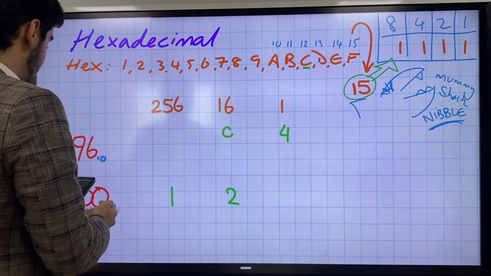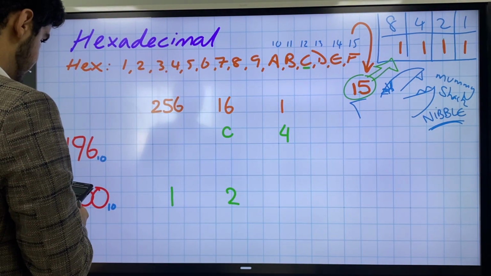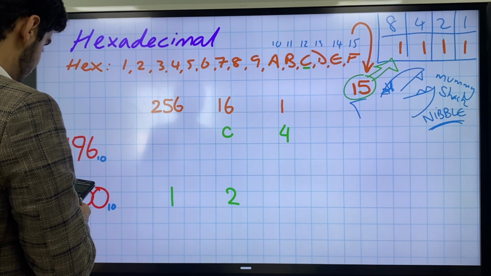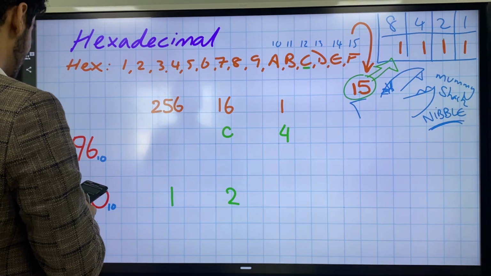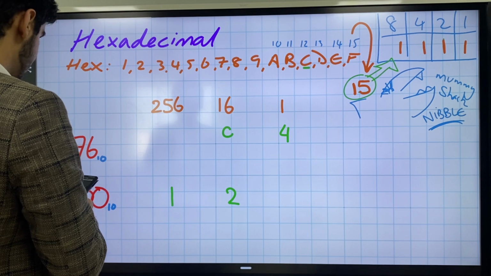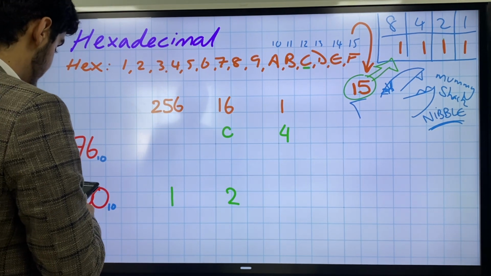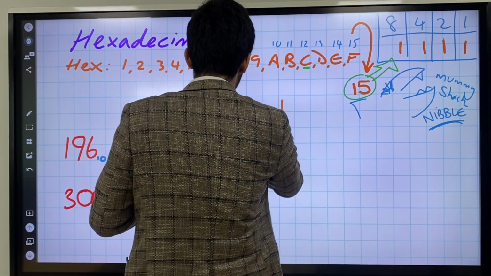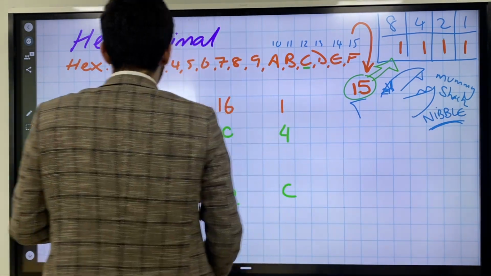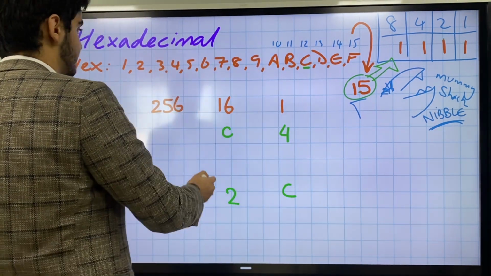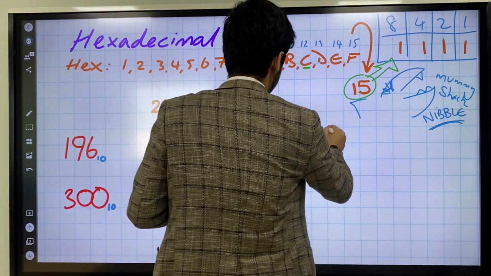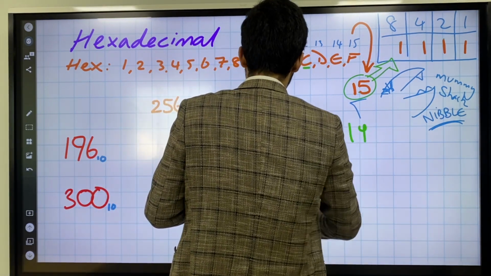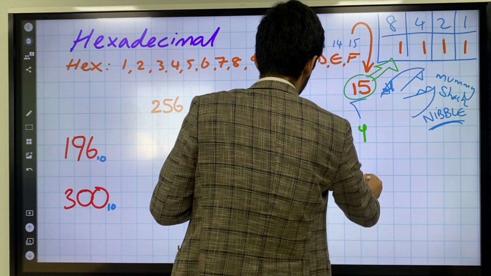Now, we can say that 2 times 16 is 32. And if you subtract 32 from 44, we will get 12. Not 12, but C. So this is basically going to be our hexadecimal value, C4, and 12C.